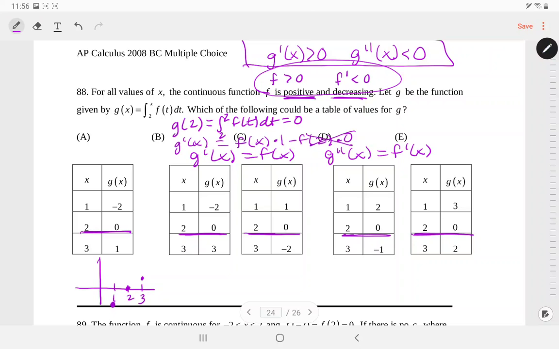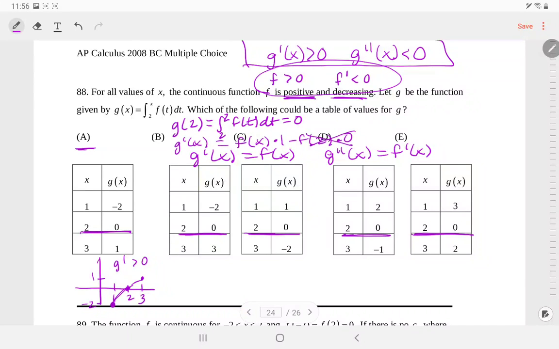No, I don't know what I did. I hit something. Okay. Increasing. So g prime is greater than 0. I feel like it's concave down. This is 1, this is negative 2. It's supposed to be concave down.